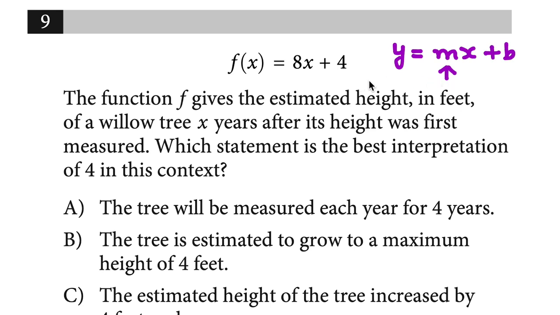And because this is a linear equation, m is fixed, that is the rate of change, and b is the initial value. So when I say initial value, that means whatever this equation is representing, that value is when we just started the process. That means no input, just the beginning of the process.